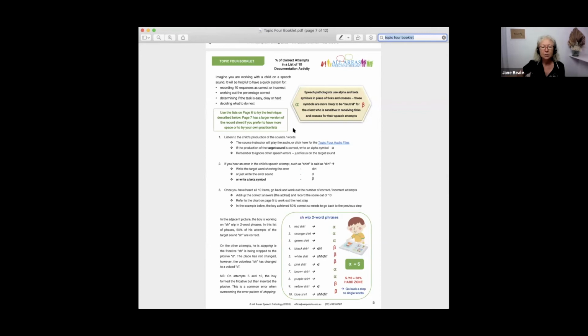And then at the end, we're going to work out the percentage that were correct so that we can determine where they sit in that easy, okay, hard chart or in the zones. And then we'll know what to do next. Will we stay on the level we're on? Will we go back a step or will we go to the next step?